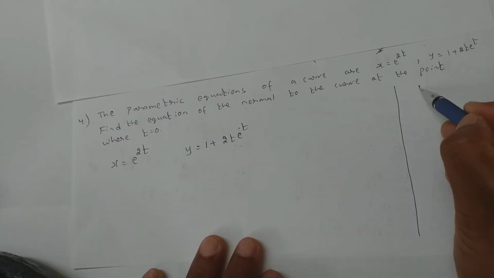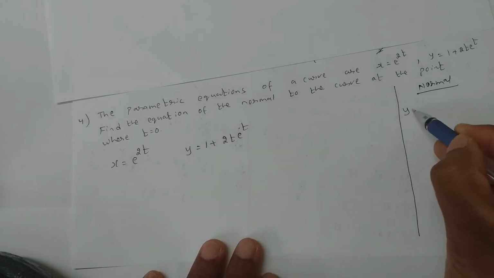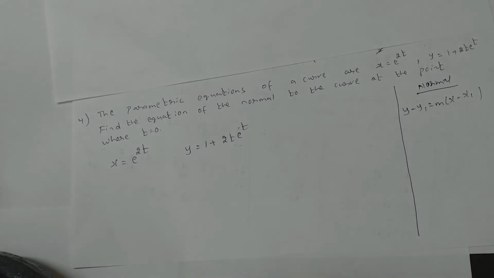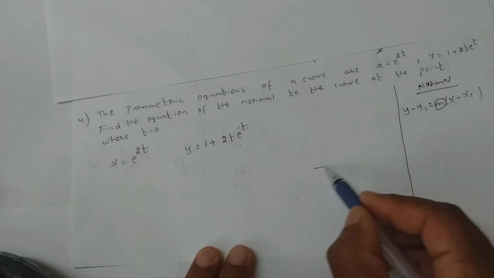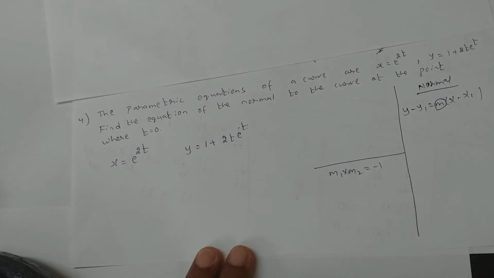Again, the equation of a normal is y minus y1 equal to m times x minus x1. So whenever a normal is given, first you need to find the tangent slope and then you need to do m1 into m2 equal to minus 1 to get the slope of the normal.